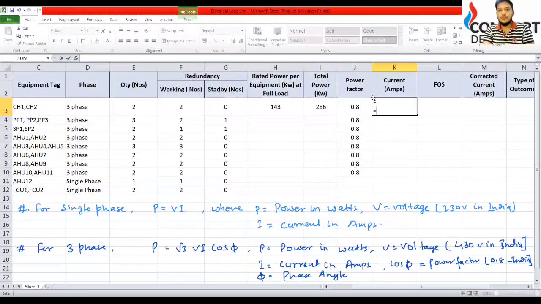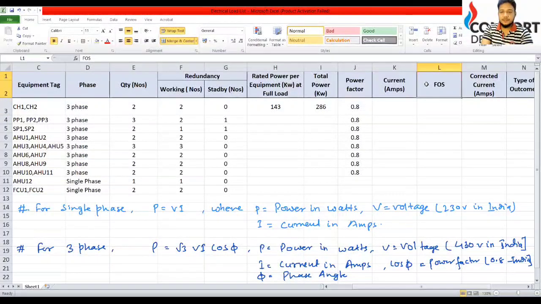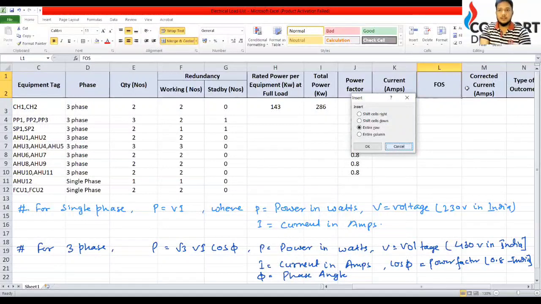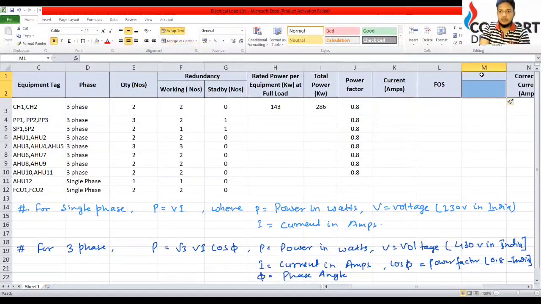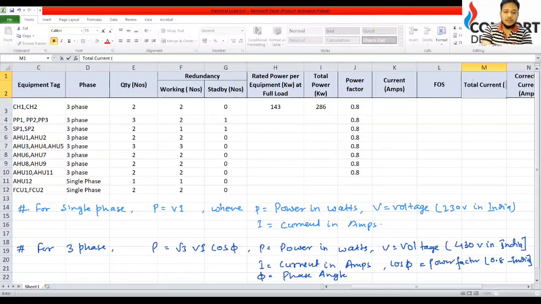So we will put an equal to sign here and insert one more column here, where we will write the total current in amperes.